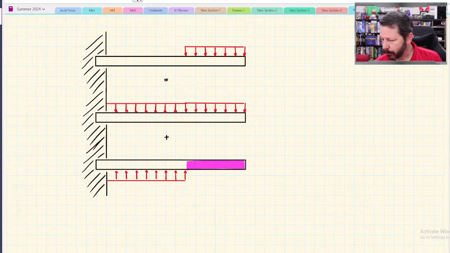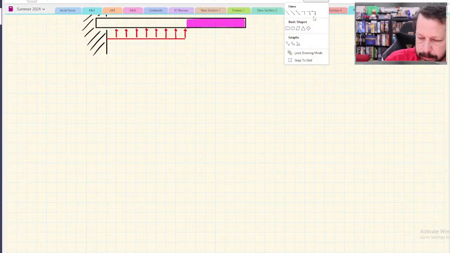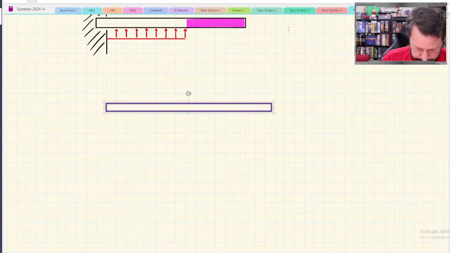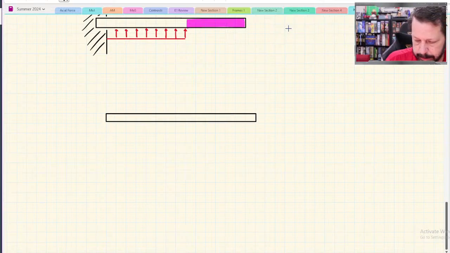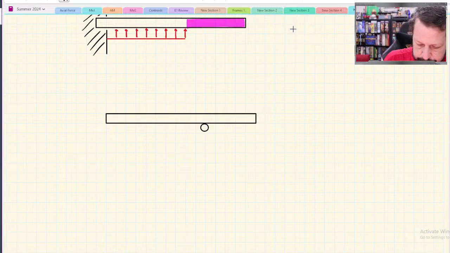Let's talk a little bit more about the one we did last time, because there is a little piece to it that I didn't really say, but we used. So last time we had something like this, but it was a simply supported beam, and one of the supports was somewhere in there.